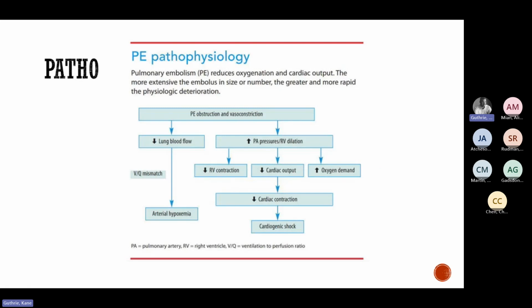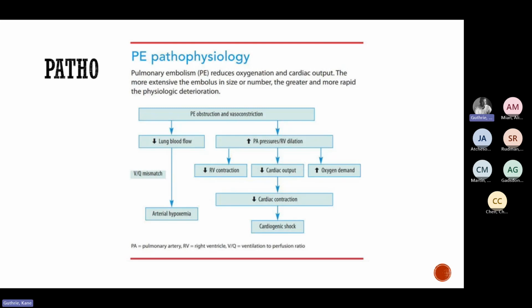And we see this on the lung side, where these patients get decreasing lung blood supply. And this is where we look at the VQ mismatch, and this is what the VQ scan looks for when they're doing a VQ scan. And this results in arterial hypoxemia.